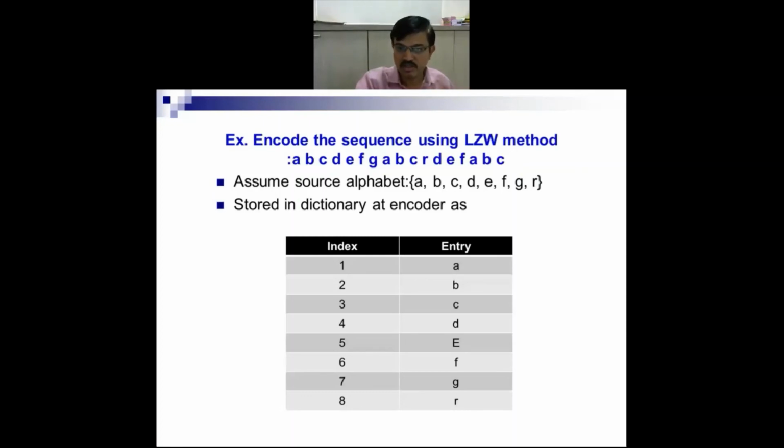In short, to summarize, step number 1, identify the source alphabets. Step number 2, create a dictionary at the encoder with the index starting from 1 for all the source alphabets. So 1 to 8, 8 source alphabets, 8 dictionary entries.